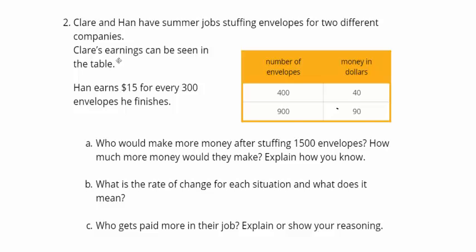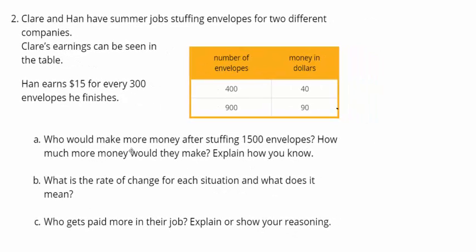Okay, so let's talk about these. Who would make more money after stuffing 1,500 envelopes? So if Han earns $15 for every 300 envelopes, there's a few ways I could go about this. I could go ahead and make a table, right? Here I could have money.